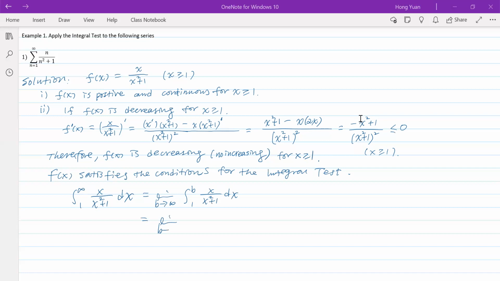So x squared plus 1: we use the substitution method. We can use the d of x squared plus 1, which is 2x dx. So we multiply by 2 and divide by 2. Why do we multiply by 2 and divide by 2? Because we want to write 2x dx as d of x squared plus 1.